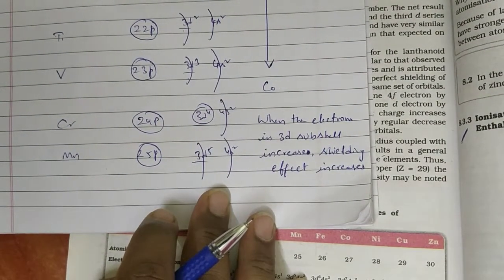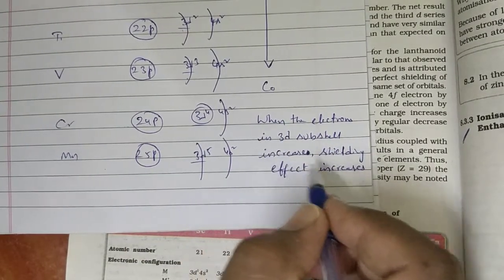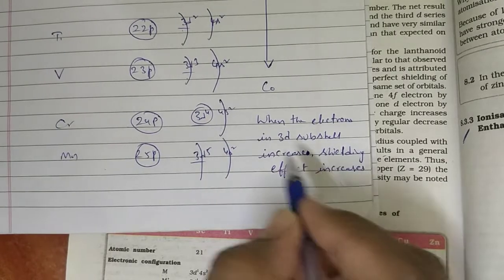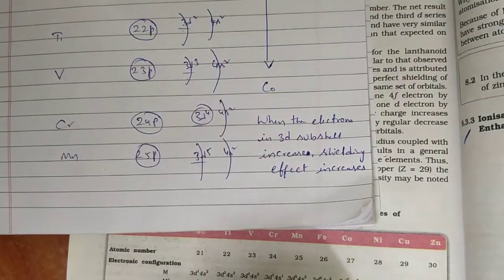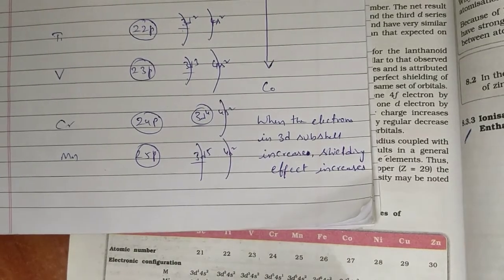I hope you are understanding. When the electrons in 3d subshell increase, shielding effect increases. So scandium to zinc, keep on, shielding effect is going to be increased.